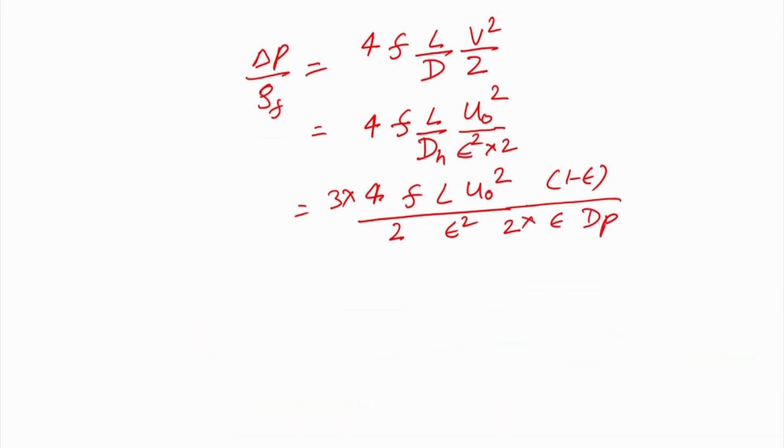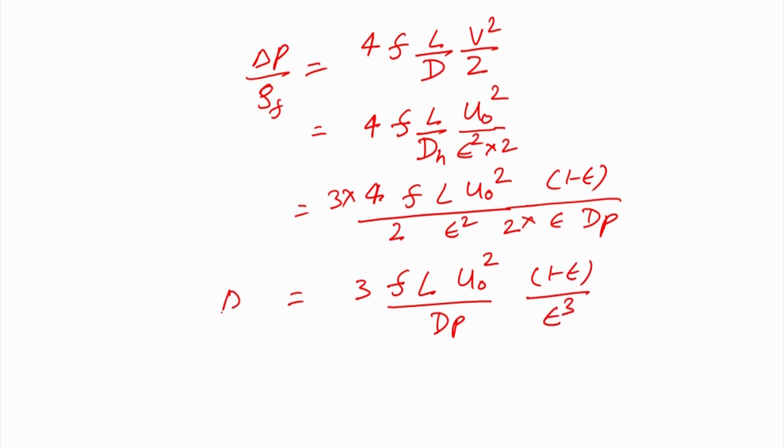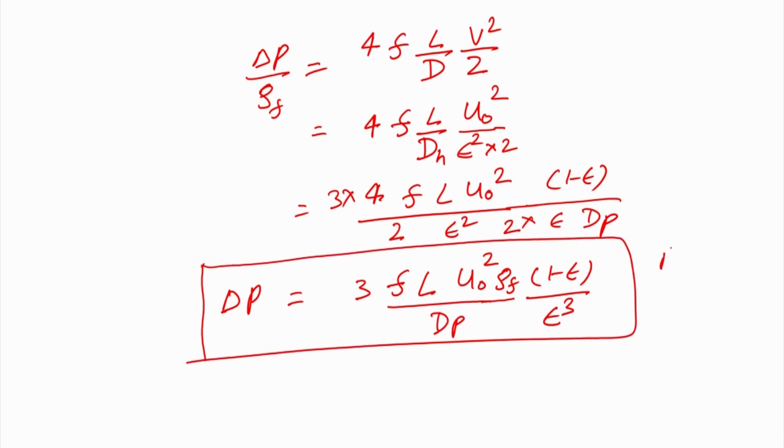If you simplify it, this 4 will be cancelled out, you will get 3 f L U naught square upon dP into 1 minus epsilon upon epsilon raised to power 3. That will be delta P upon rho. Now if you want delta P, you can also multiply it with the rho of fluid. So you will get this value, and this is for the turbulent flow, and that is valid for REP greater than 1000.